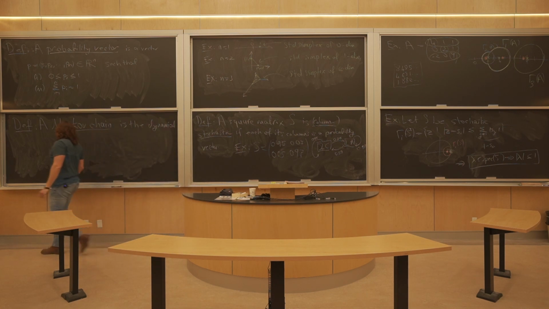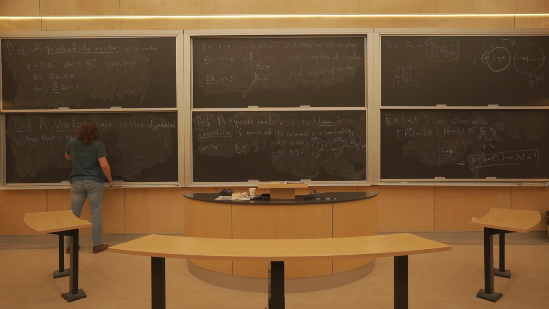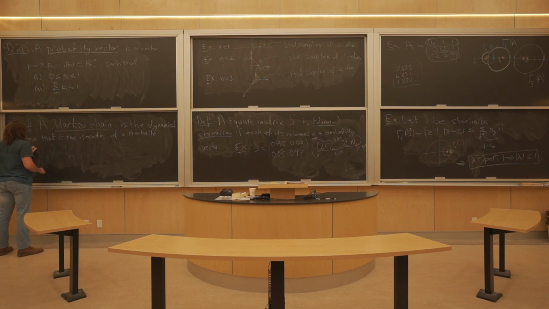It's the dynamical system that is the iterates, or powers, of a stochastic matrix. Is that basically saying, given a stochastic matrix, this enumerates taking that matrix to the nth power?